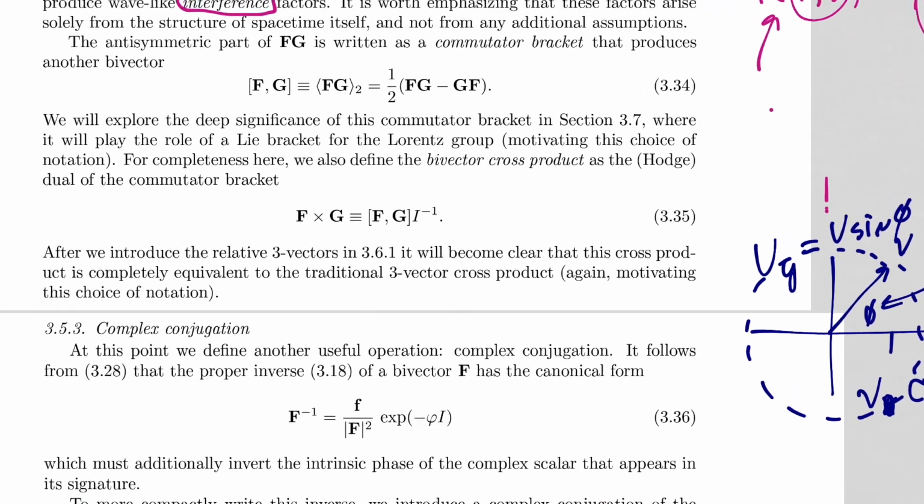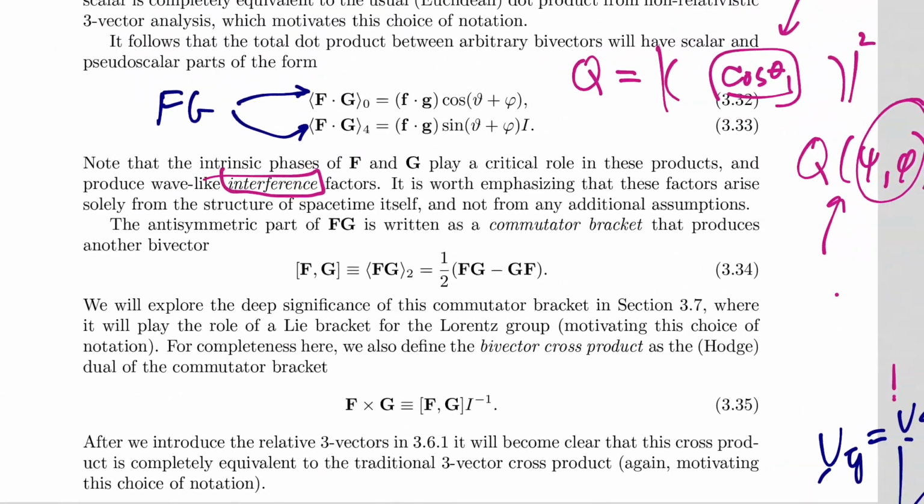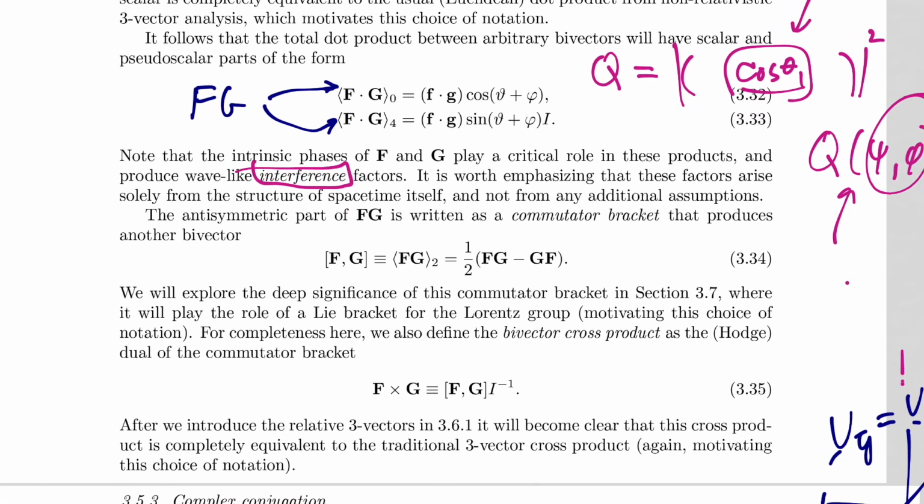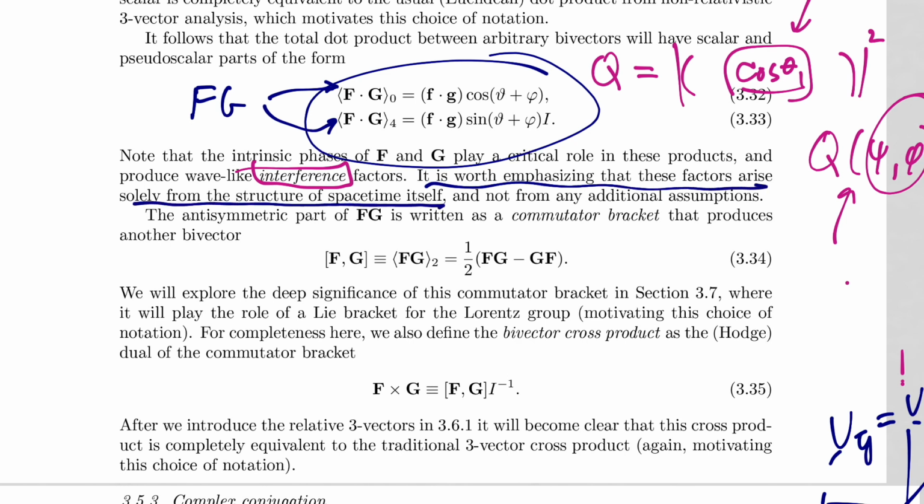So likewise, I kind of feel like the same thing is happening here. So I'm not so sure about the profundity of this. However, they like to point out these factorize solely from the structure of space-time itself. Well, I guess that's pretty clear from how we develop these angles. In other words, those angles don't literally exist in space, right?